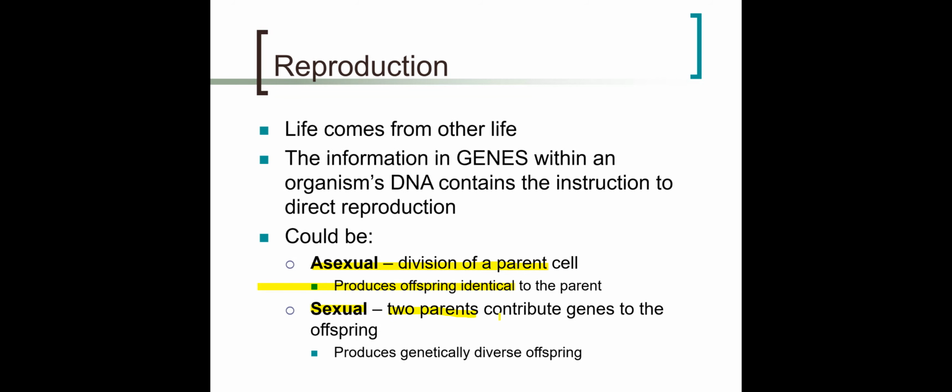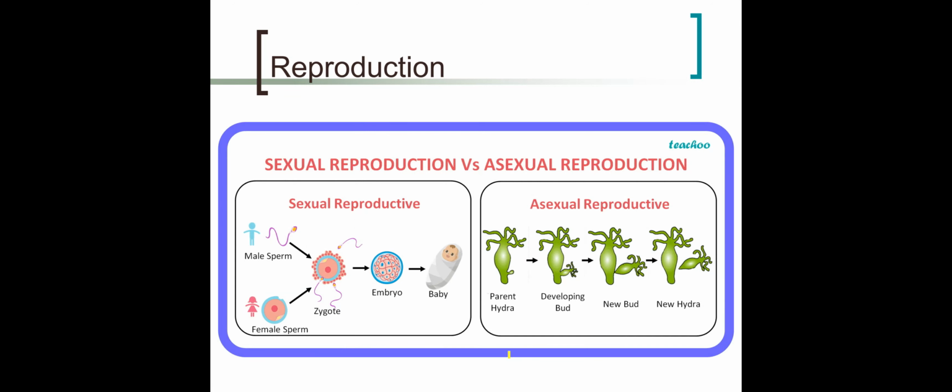A lot of times this involves cells that we call gametes, like egg and sperm. They come together to form the offspring, and when it's sexual, you get genetically diverse offspring, okay? So in terms of evolution and natural selection, sexual is going to be superior because diversity is always going to be a good thing. So here's an example of sexual versus asexual.